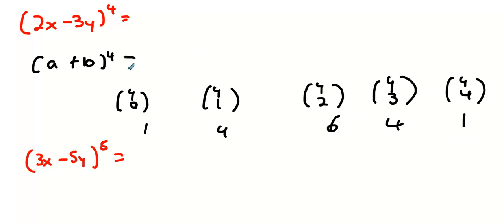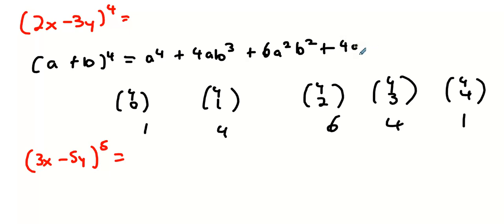I'm just going to do a plus b to the power of 4 first though, just to make things easy. So what's the first answer? A4. Next one? 4ab cubed. Next one? After that, Dave? 6. After that? After that? Yeah.